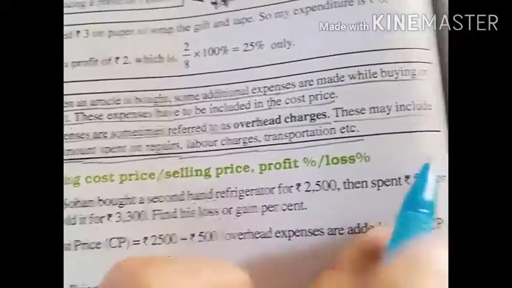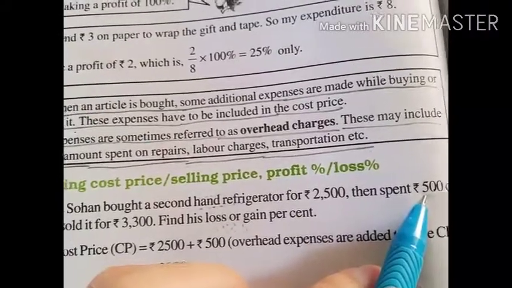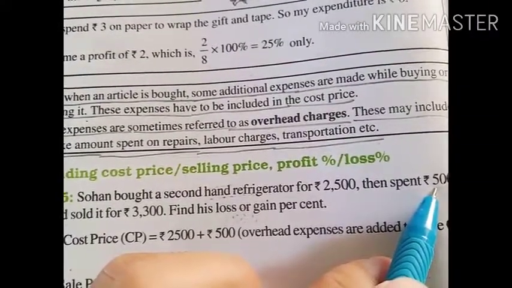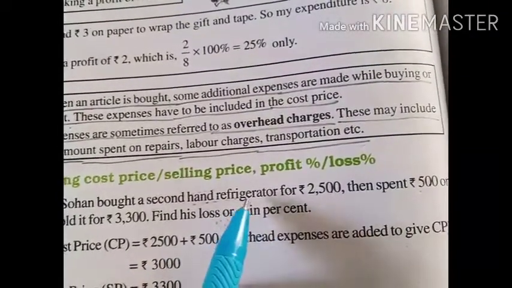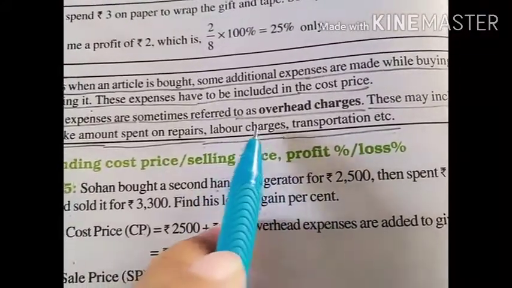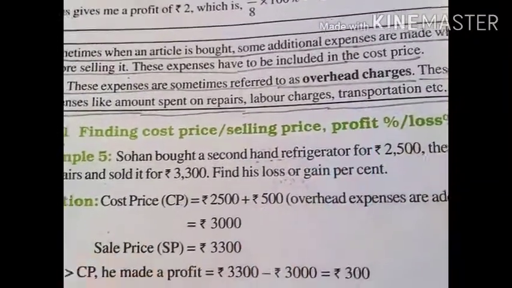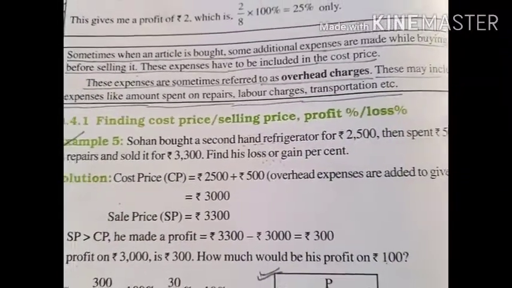The particular amount whatever we are spending on the item whatever we had purchased, if we are repairing it, if we are giving the labor charge, if we are giving the amount for the transportation of those things, it will be considered as cost price.